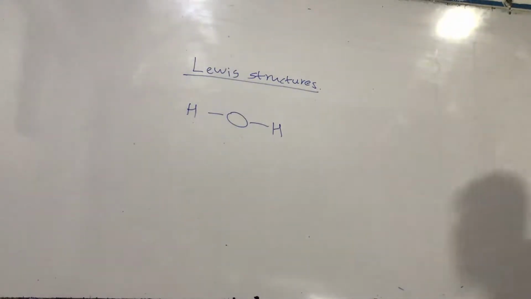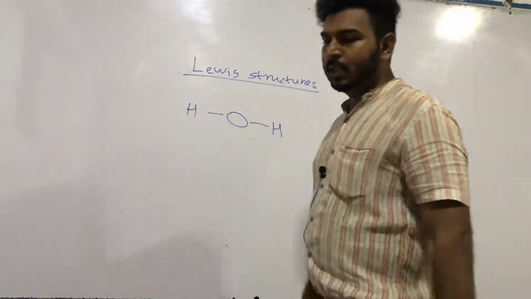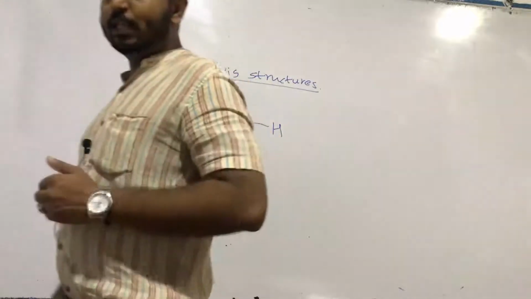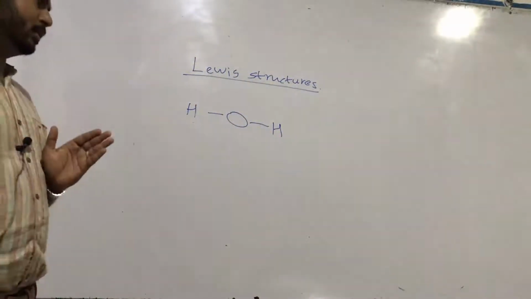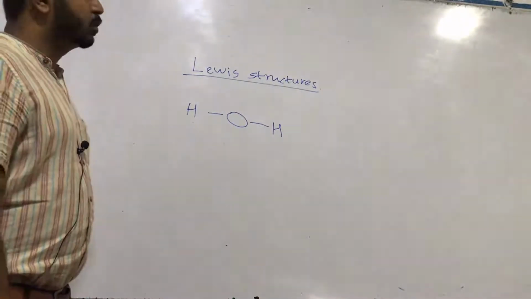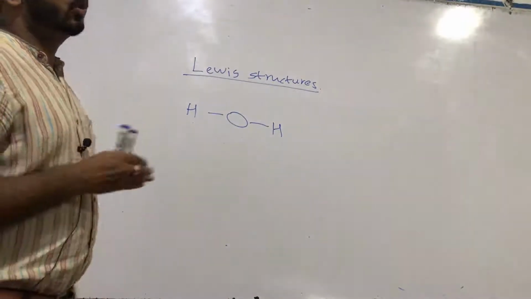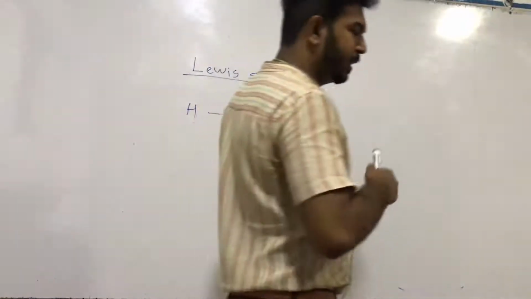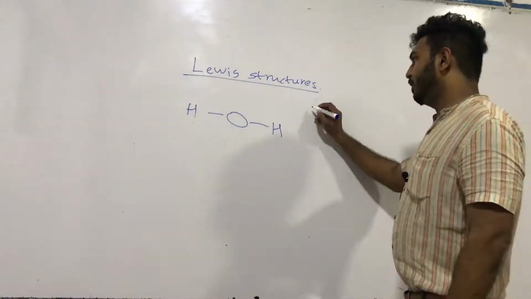Then we have to consider the valence electrons, the number of electrons in the last shell or the valence shell. To identify them, we have to consider valency. Can you remember the valencies?